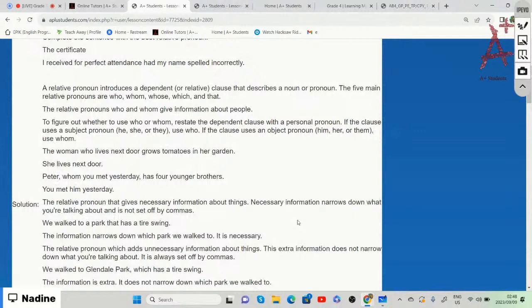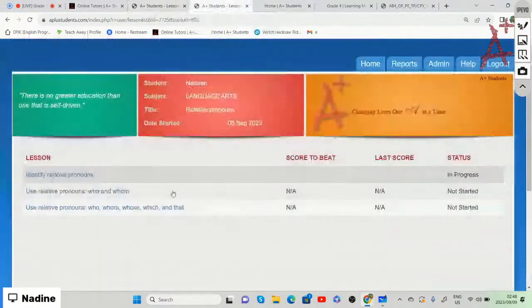Who and whom give us information about people, and whose shows possession. That is the end of our lesson on relative pronouns.